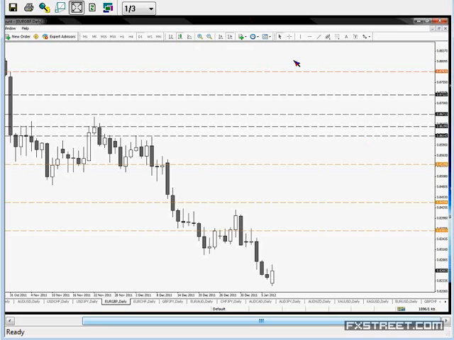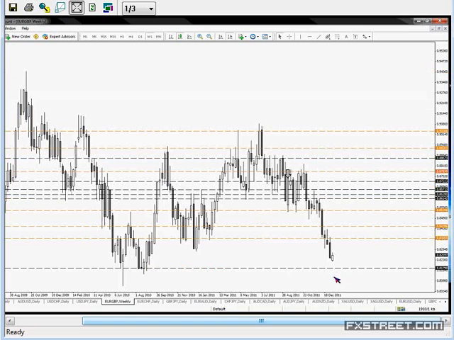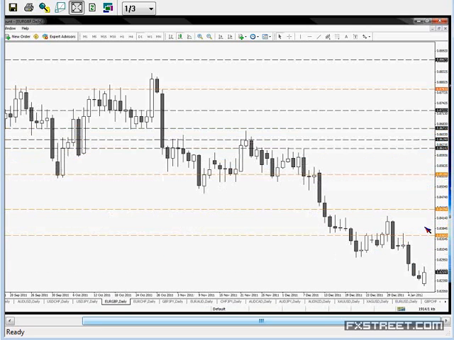So it looks like I probably should have a zone drawn down in this area, but we're not there yet. Okay, so this is an interesting chart, but here's the problem with the euro pound.